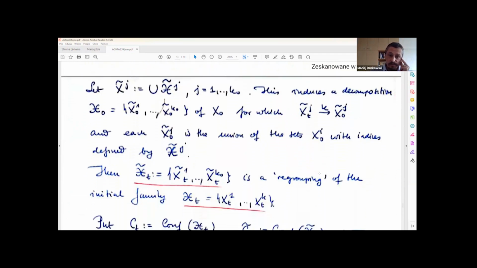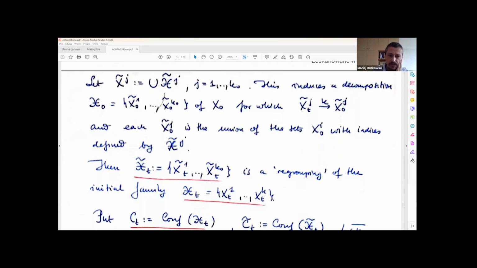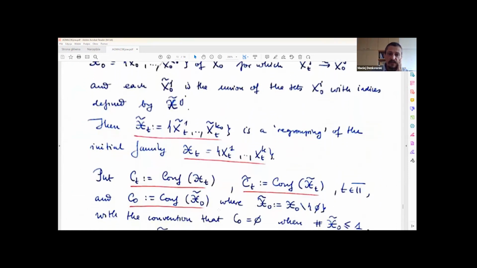And now this is what is written here. We have this regrouping, and we consider the conflict set. So the conflict set CT of the initial family, the conflict set CT tilde of this regrouped family of sets, and C0 is the conflict set of the limiting family, but as I said, some of the limits could be empty, so we get rid of them first.